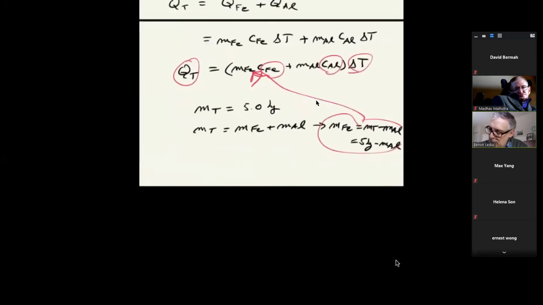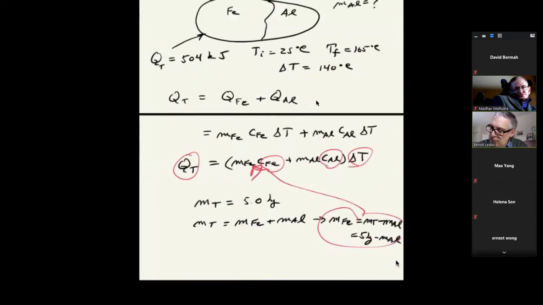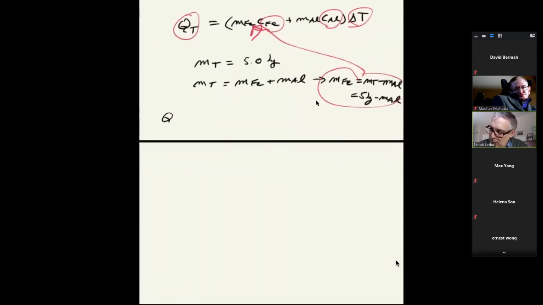And then you solve. If I put it here, you're going to have 5 kilogram minus the mass of the aluminum times the specific heat capacity of iron, plus the mass of aluminum times the specific heat capacity of aluminum times delta T. It's just a question of isolating for the mass of aluminum.